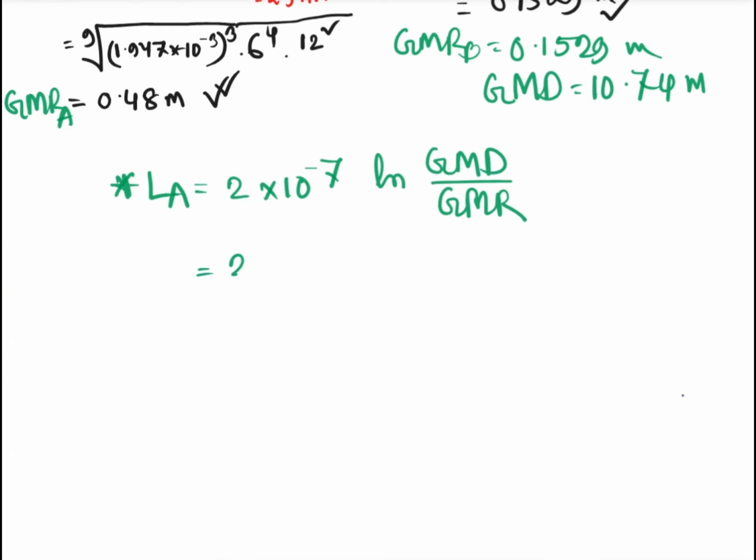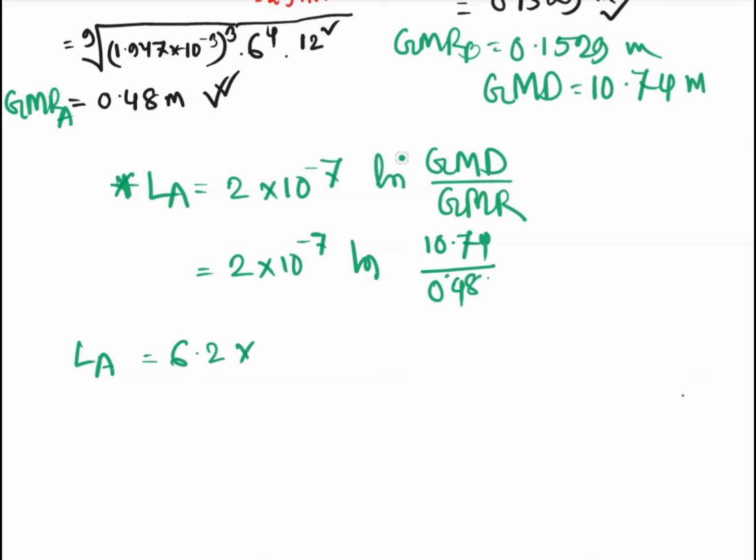So let's find out the value of LA for conductor 1. Indeed 2 into 10 to the power minus 7 ln, and GMD is common for both circuit A and circuit B, I mean go and return. So this will be 10.74 over 0.48. So L of A will be 6.2 into 10 to the power minus 7 Henry per meter.